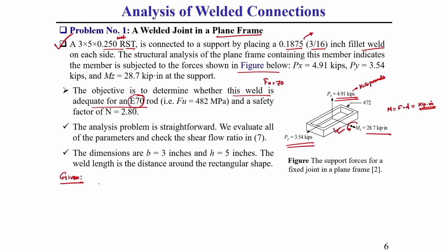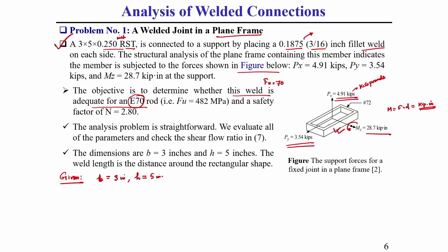Here the data given is, you can say, length is 3 inch, breadth is, instead of length or breadth, whatever it is, let's write B is 3. Then here I am writing H is 5 inch. Then its thickness is given as 0.25.